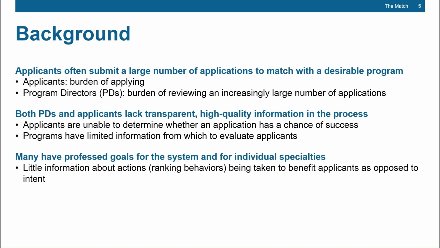Further, many have professed goals for the system and for individual specialties, such as goals regarding the composition of the physician workforce. However, there is little information about whether those professed goals or intentions have led to action, as may be seen in ranking behaviors. Therefore, this project aims to increase transparency by characterizing the patterns of desirable applicant attributes that reflect program decisions.